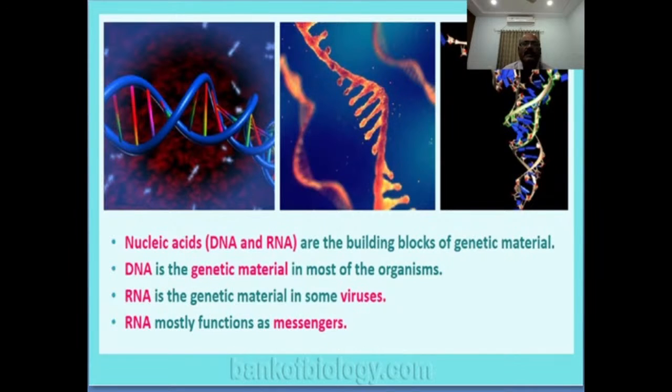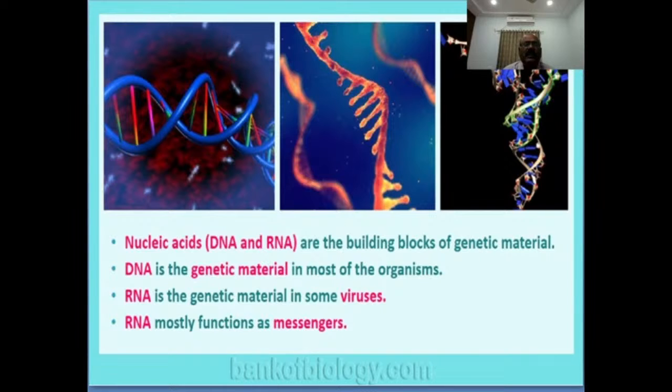DNA is the genetic material in most of the organisms. That means, generally except plant viruses, in the remaining organisms DNA is the genetic material. RNA is the genetic material in some viruses. Generally, in plant viruses, RNA is the genetic material. RNA mostly functions as messengers.